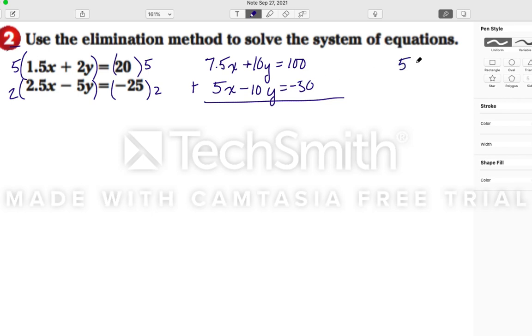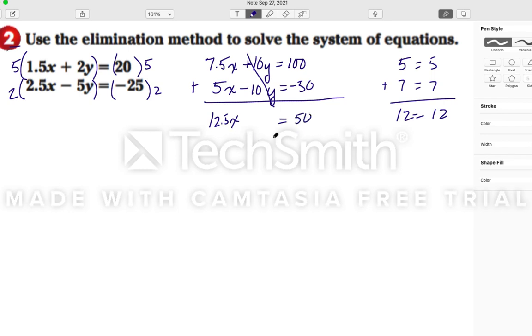If 5 equals 5 and 7 equals 7, if I add those two together, it should be 12 equals 12, which makes sense. If I add two things that are equal, then the result will be equal. So same thing here, except when I add straight down I get 12.5x. The y terms cancel out, and now I've got a 50 over here.